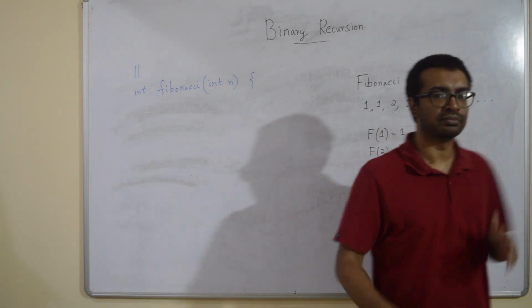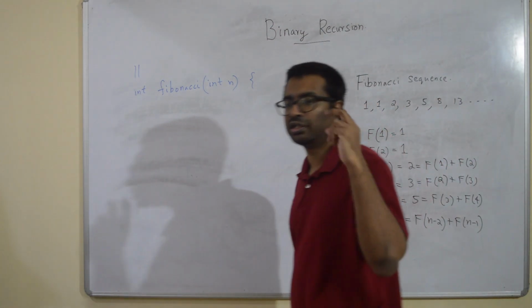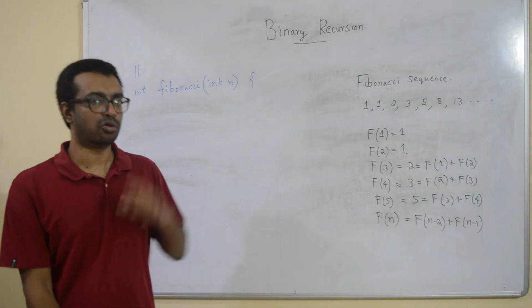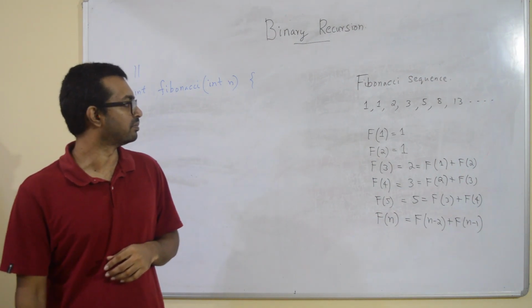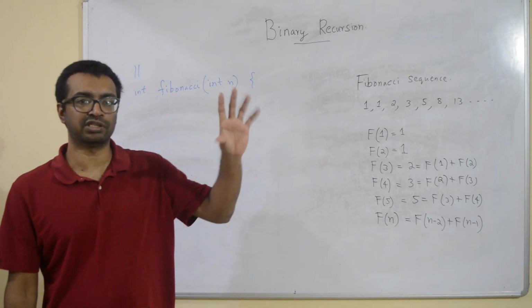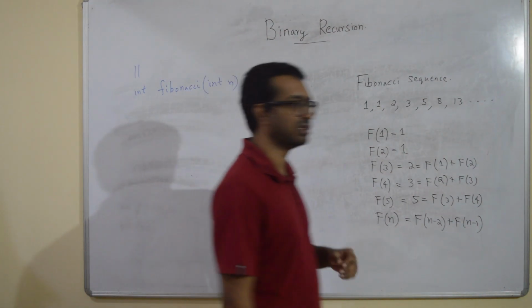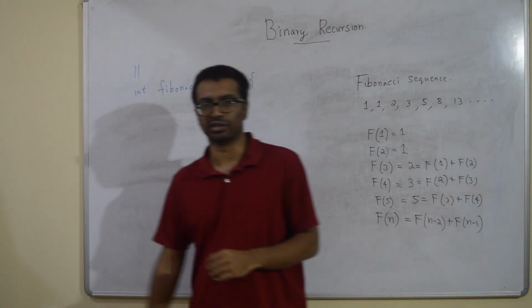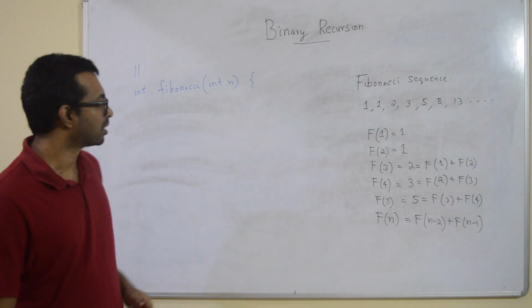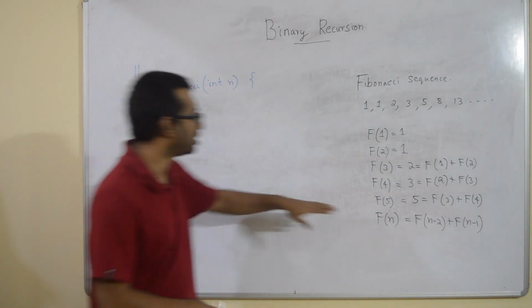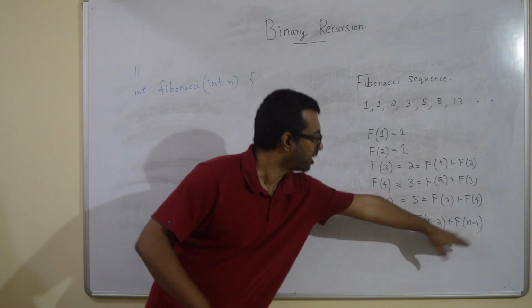Okay. Now, as we said, every recursive function has two blocks of code which we need to fill up. So the first thing is the base case. That's what we need to think about first. What is the base case here? What is the case which does not depend on the previous values?